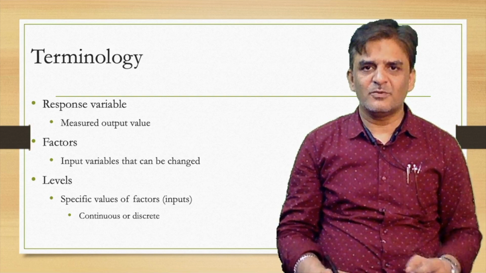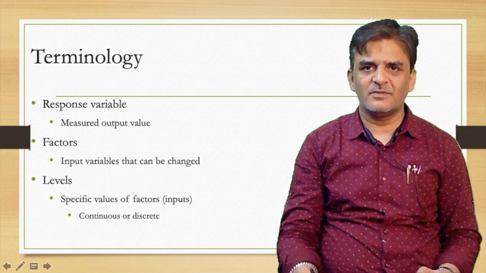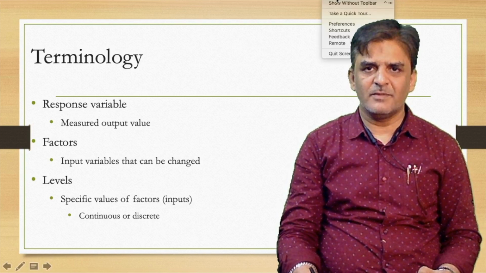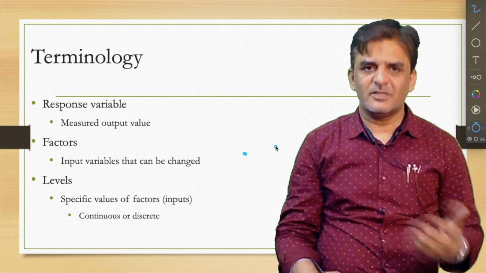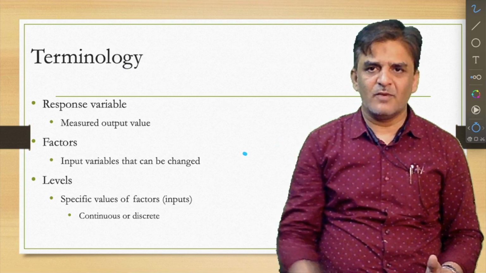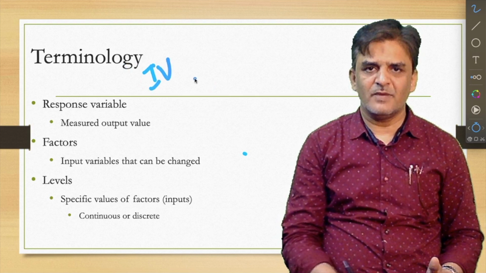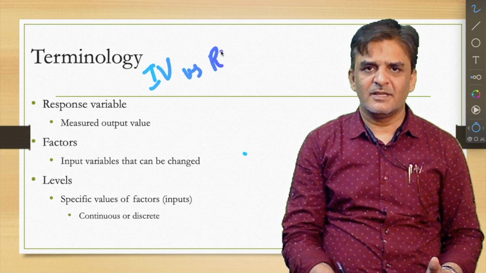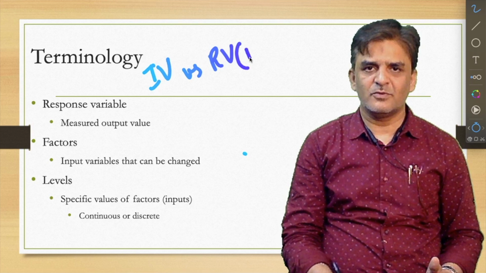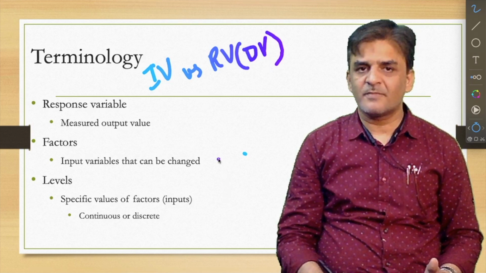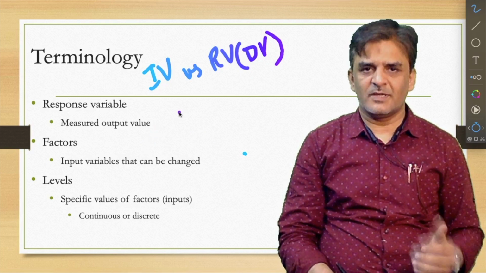where we want to see the effect of one or two variables on the response variable. So ANOVA is to find out the effect of the independent variable versus the response variable. We also call it the dependent variable. So this is what the relationship is.